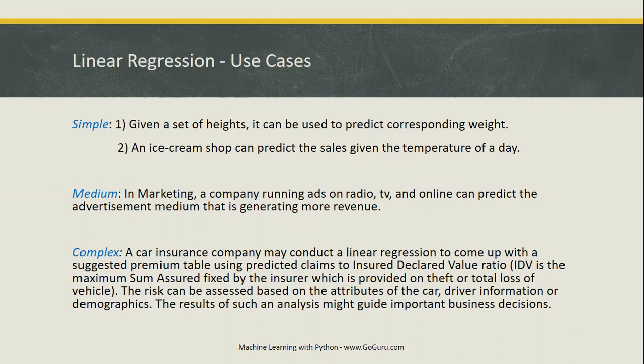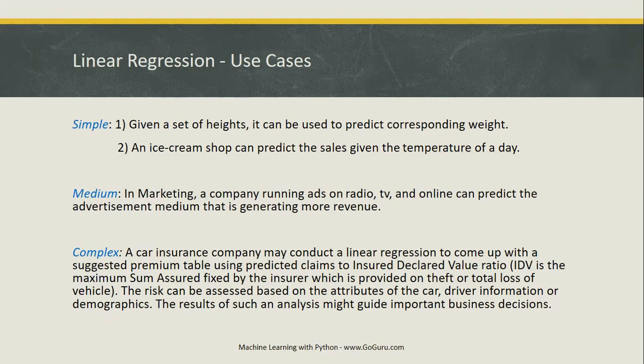Linear regression can finally also be applied to complex cases, like a car insurance company, or any insurance company for that matter, which can apply linear regression to predict the premium table, how much you'll be paying month after month. They can do it based on the predicted claims and the IDV value, the insured declared value.